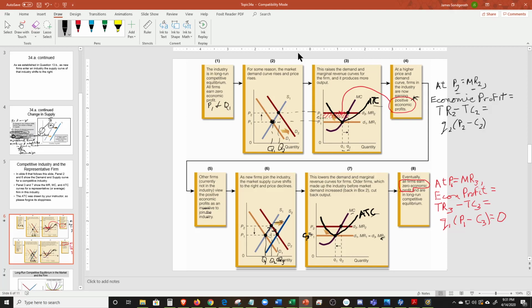So at P1 equals marginal revenue 3, the profit is Q1 times P1 minus C3, and C3, the cost per unit, and the price are the same, so that's 0. So the economic profit is 0. All profits have been squeezed out as additional firms have come in and competed away the profits, okay?